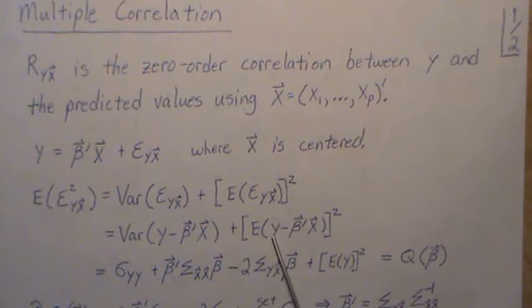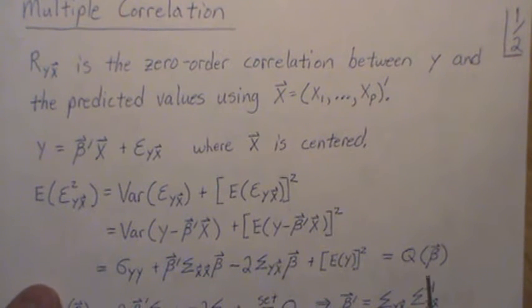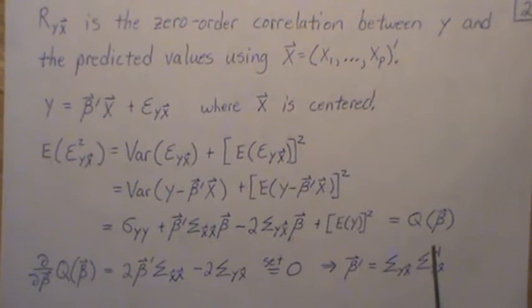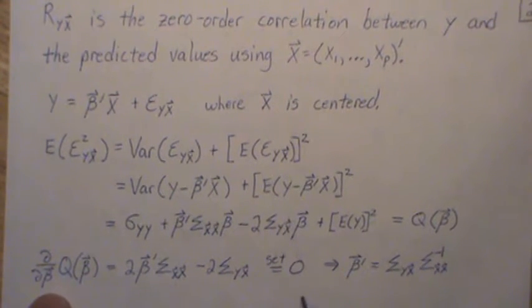And here the expected value of y and the expected value of this, since x is centered at 0, we just get this. Now let's think about this as a function of beta, so we can minimize it. We're going to take partial derivatives of Q with respect to the beta vector. This is constant, there's nothing here.